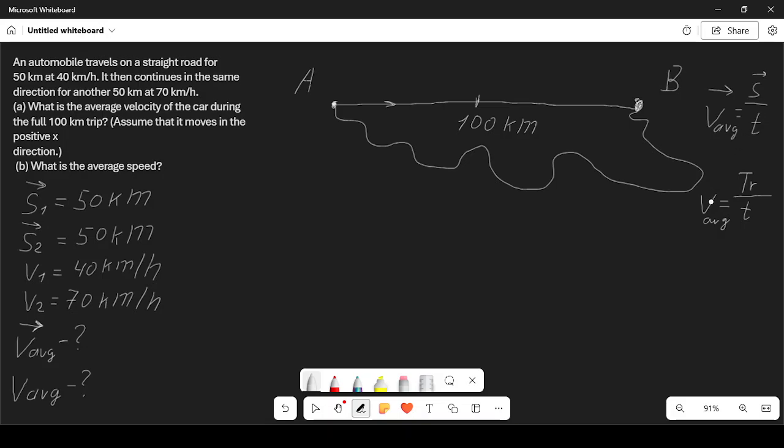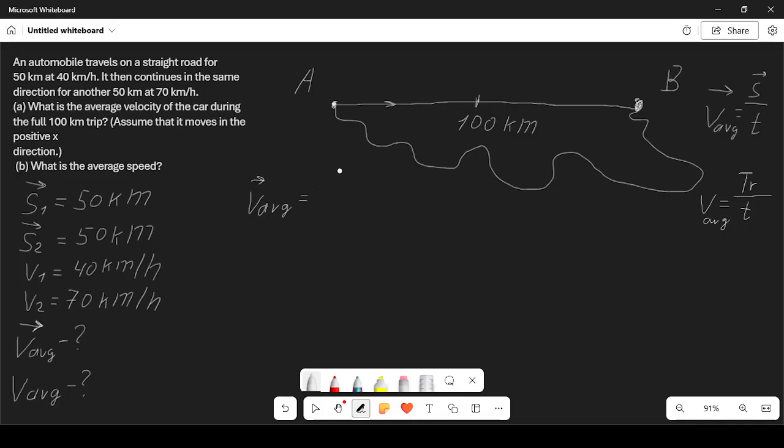And average speed won't have any sign, because speed is not a vector quantity, it's a scalar quantity, it has no direction, it has only a number. Okay, first let's find average velocity.